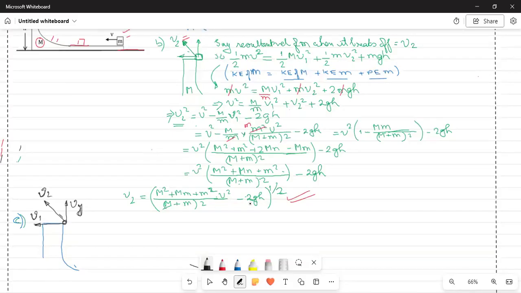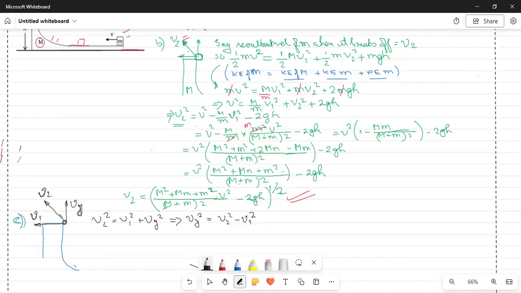The expression of V2 we have already found. From here, of course, V2 square is equal to V1 square plus Vy square. This is clear. So therefore, Vy square is equal to V2 square minus V1 square.